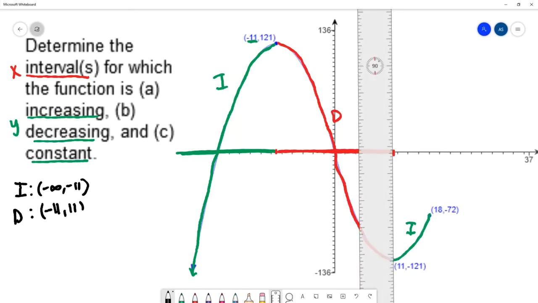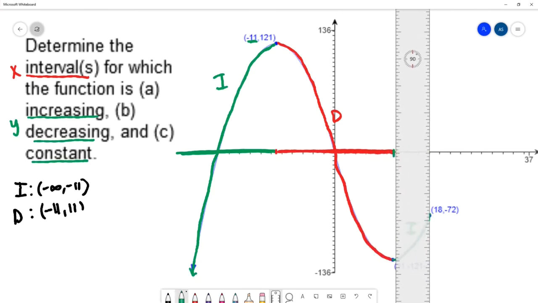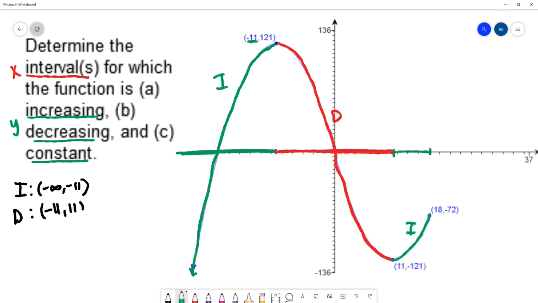And then we have one more group of increasing. It starts here and stops here. So we're going to add that to our increasing group. It goes from 11 to 18. Once again, using parentheses for open intervals.